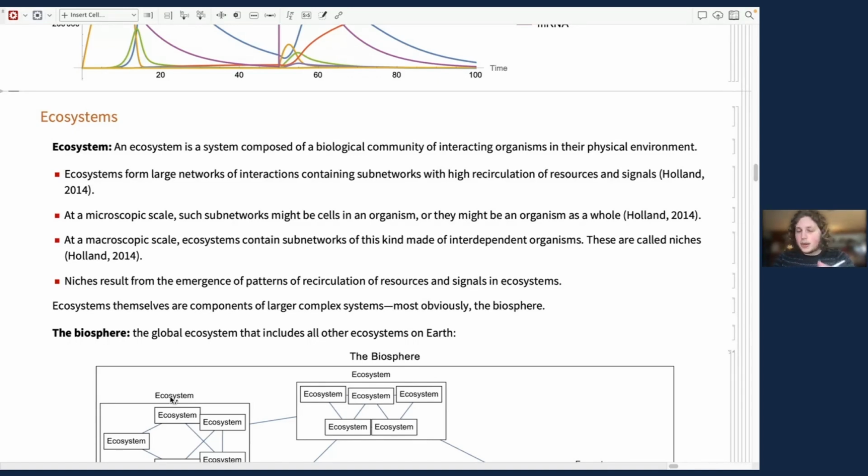At a microscopic scale, these subnetworks might be cells in an organism, or an organism as a whole. At a larger scale, these might be niches or communities. And niches result from the emergence of patterns of recirculation of resources and signals in ecosystems.